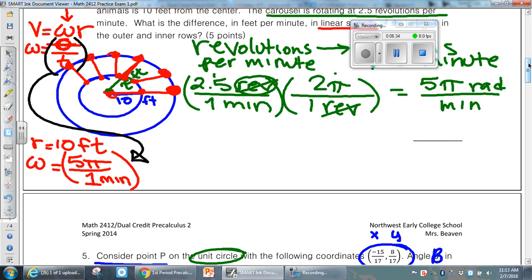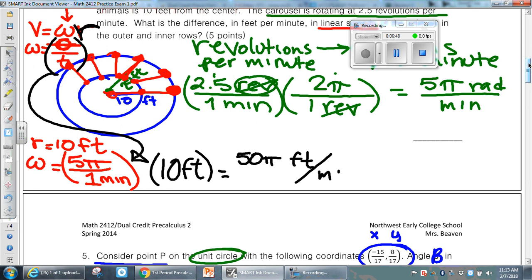And then times the radius. In this case, we will use 10 feet.